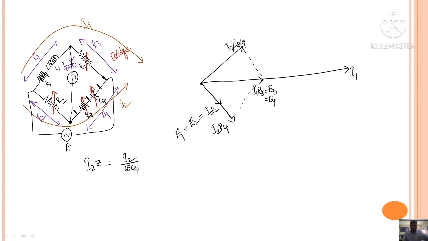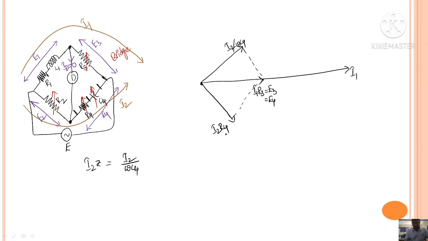So I made a mistake, I think. Let me check where I have done that mistake. I think this is the current which we need to take.